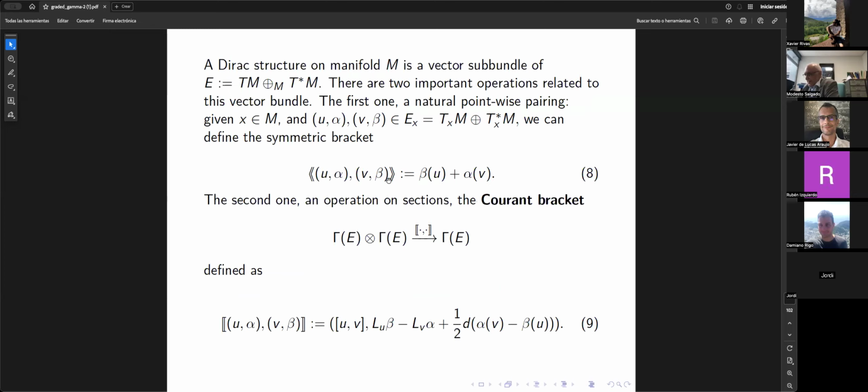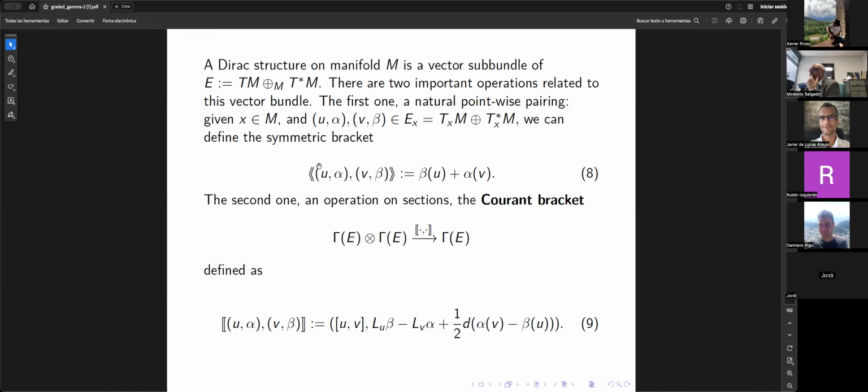So, with the intention to extend notions in Hamiltonian mechanics to classical field theories, there are several approaches that try to define the same notions.